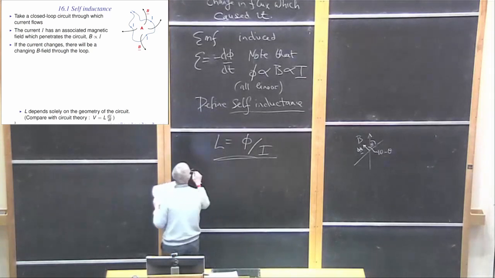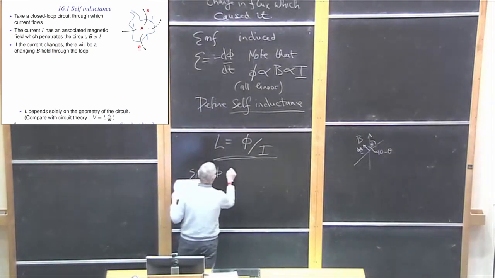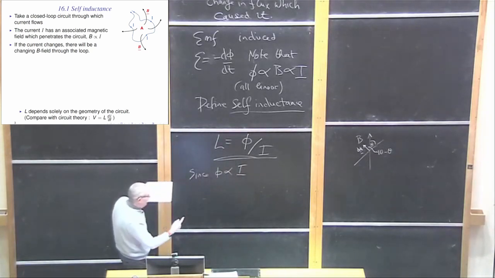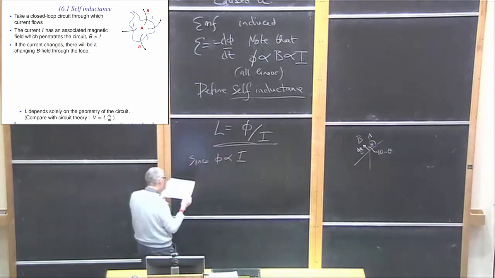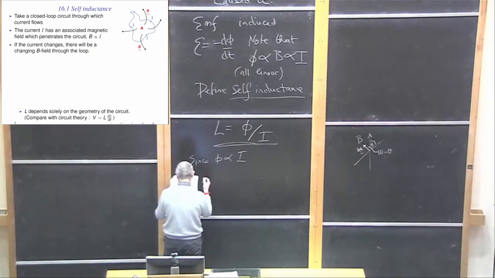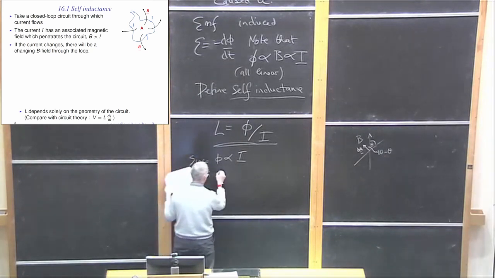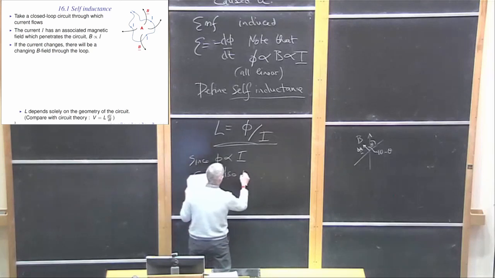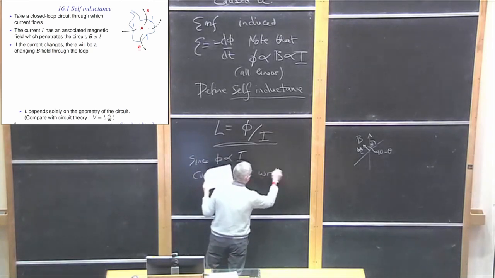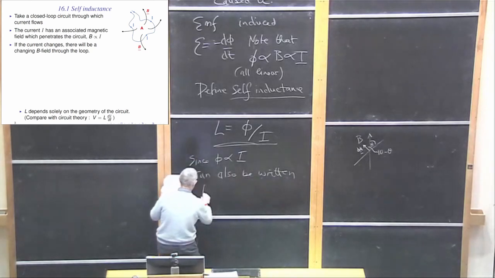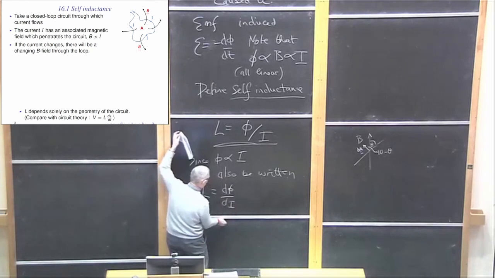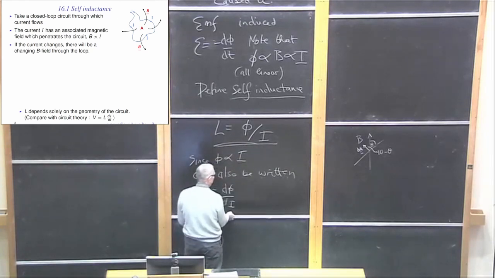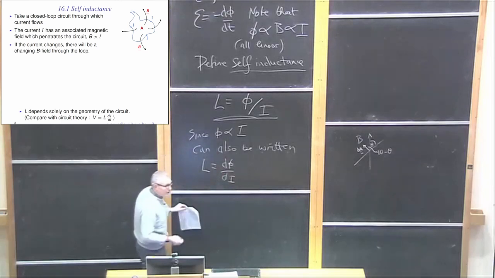Since phi is proportional to I, although this is totally linear and that's the definition, you'll also see this written as L equals d phi by dI. So it's just a change in phi over a change in I. I hope that's obvious.